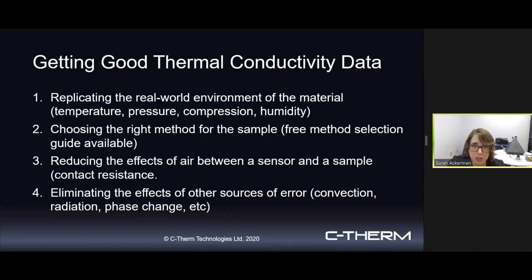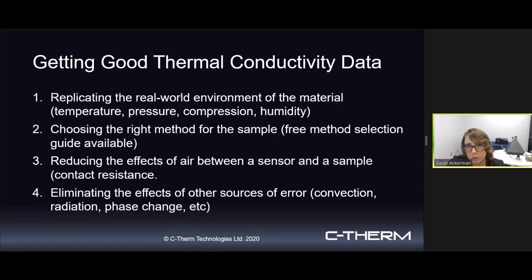And not all methods are appropriate for a material with a degree of heterogeneous structure on the microscopic scale. We do at C-Therm, we've published a free method selection guide. Feel free to mention it or to ask the question if you want us to send you that resource. It's available for free. I don't have time to get into today the ins and outs of method selection, but we do have that resource available for free if anybody is interested in doing some more reading.